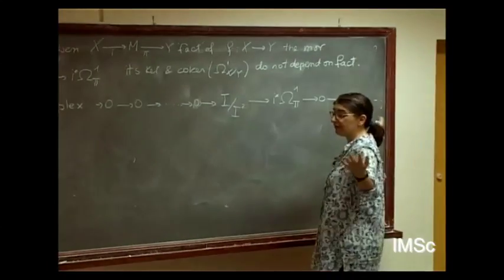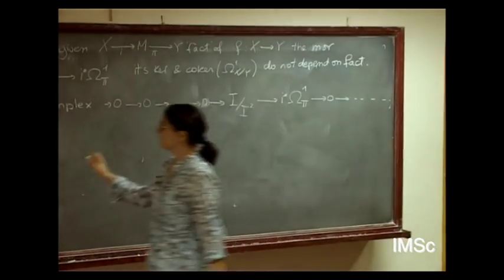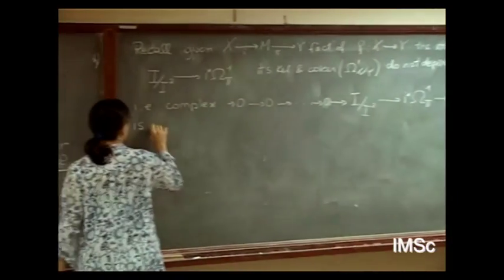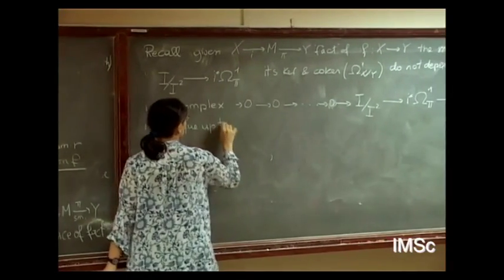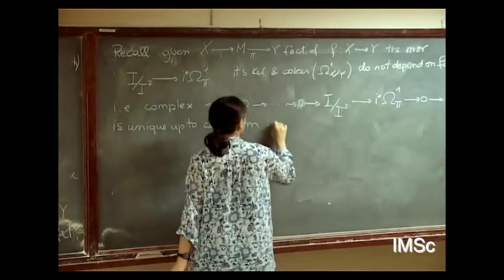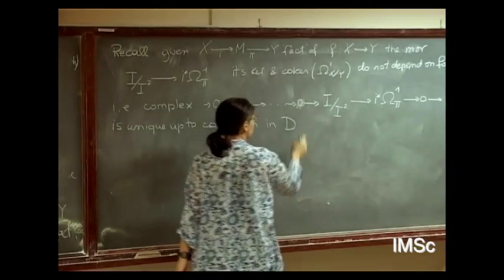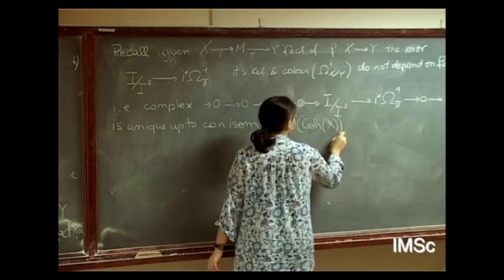So this is an infinite complex, but with only two non-zero terms, is unique up to canonical isomorphism in the derived category of coherent sheaves on X.